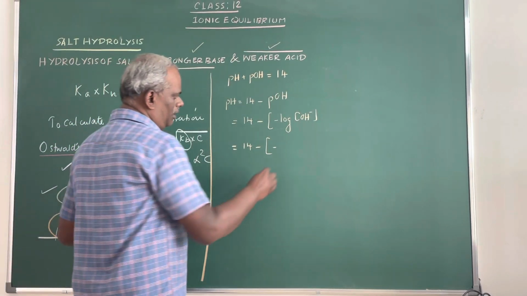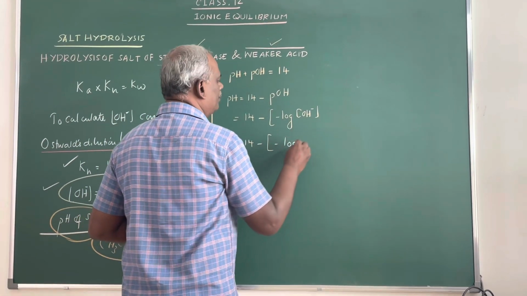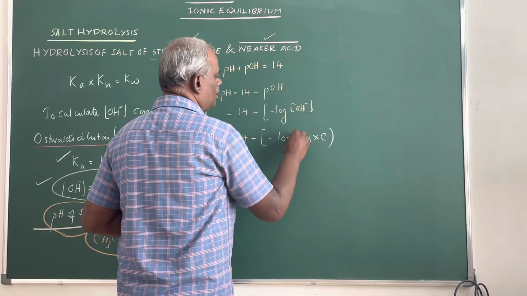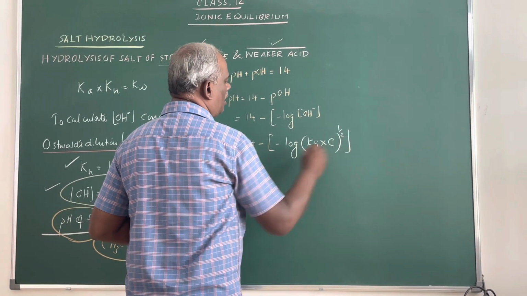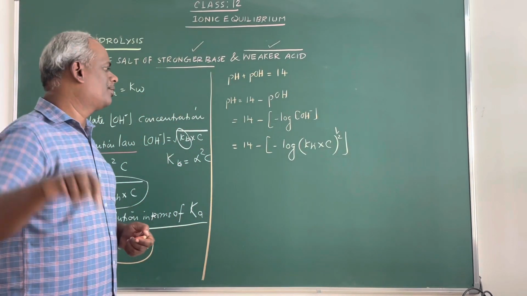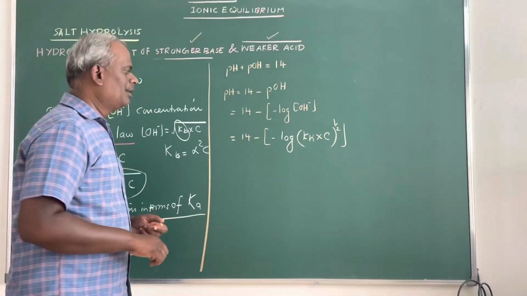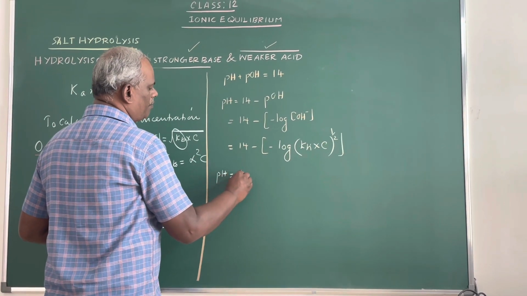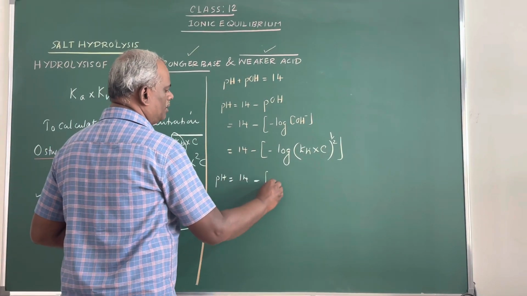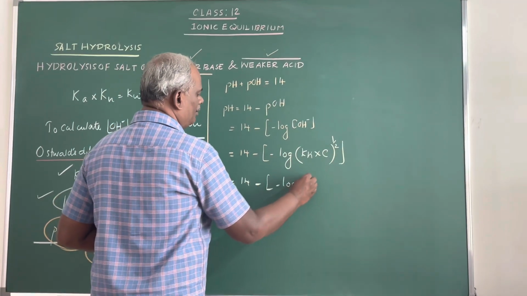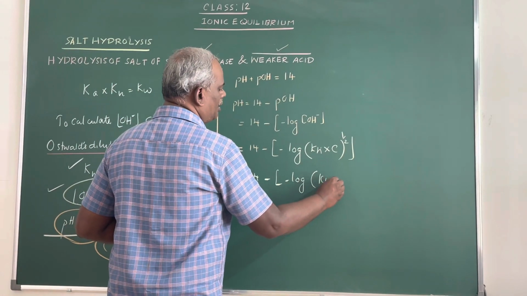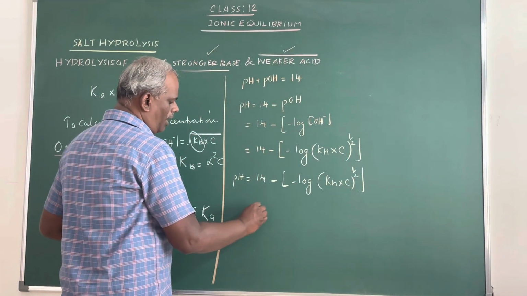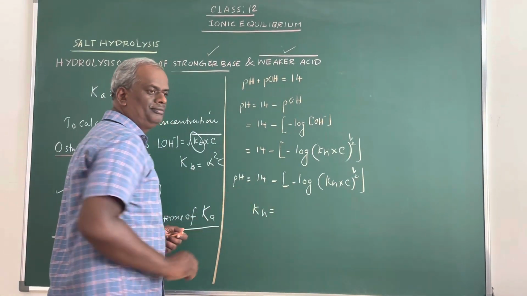So I can say minus logarithm of Kh into C the whole power half, which means the square root. And this is written as follows: pH is equal to 14 minus log of Kh into C the whole power half, in which, what is this Kh?